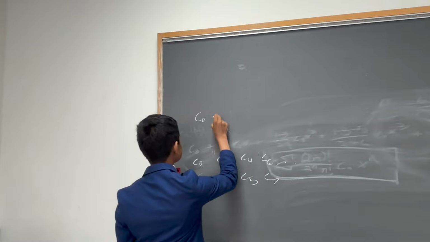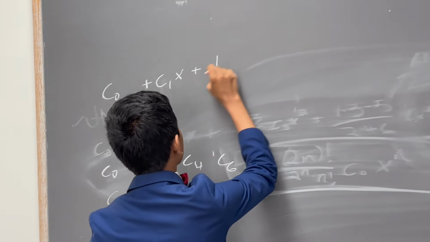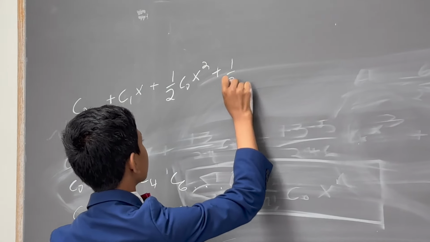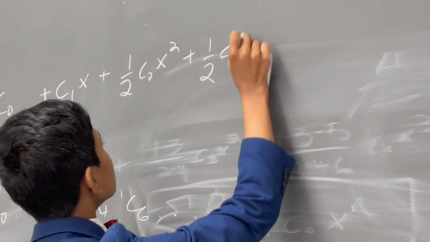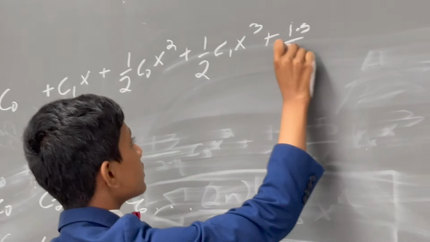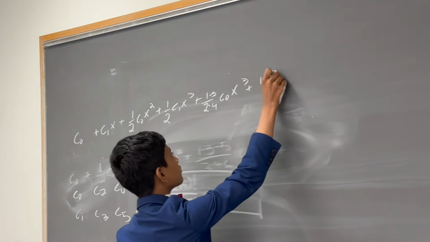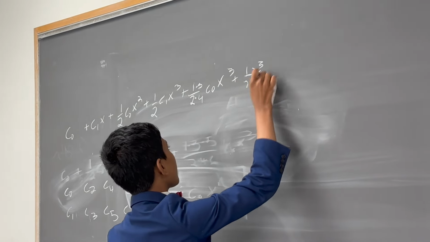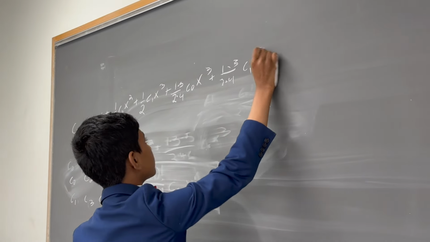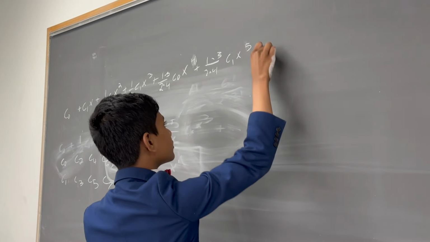So we've got C0 plus C1x plus 1 over 2 C0x squared plus 1 over 2 C1x cubed plus 1 times 3 over 2 times 4 C0x to the 4th plus 1 times 3 over 2 times 4 C1x to the 5th, and so on and so forth.